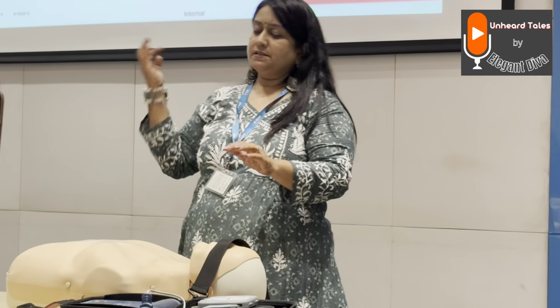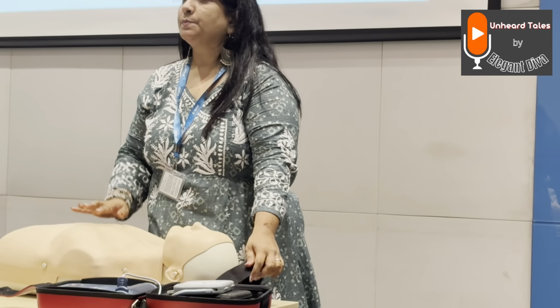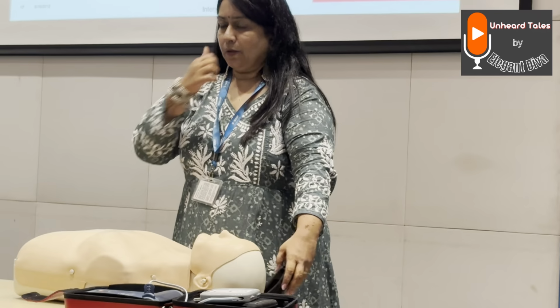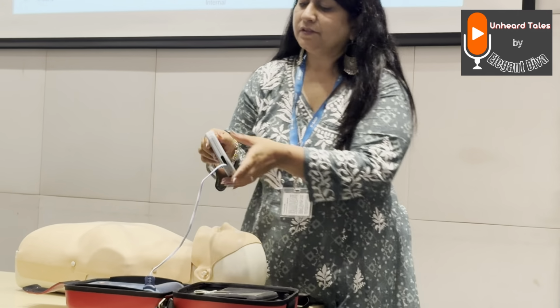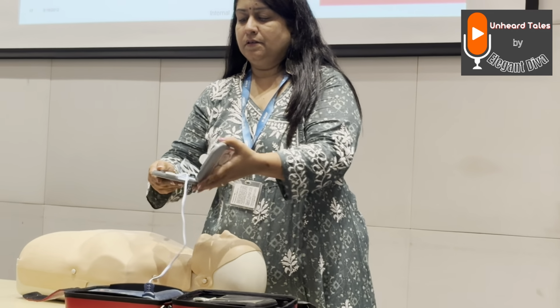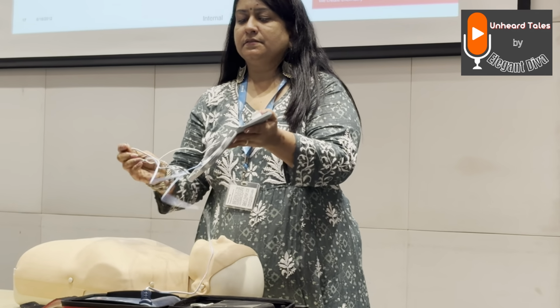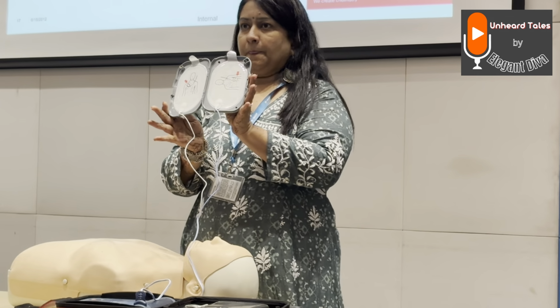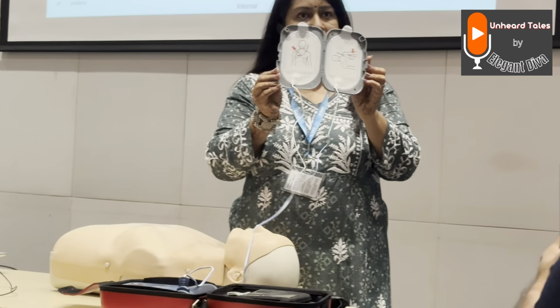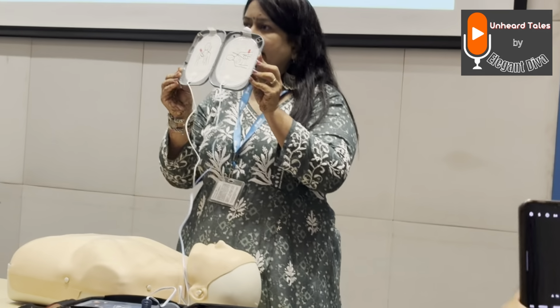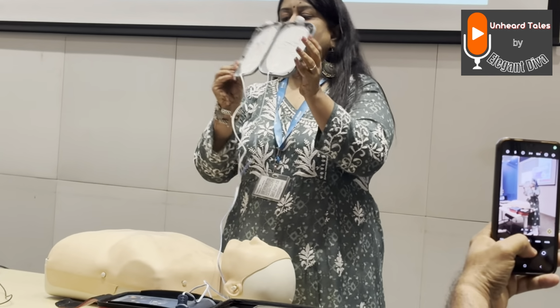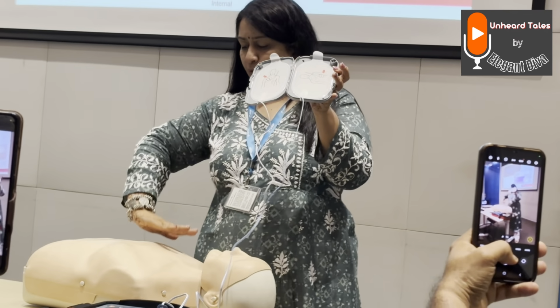Once the AED comes, you kneel next to the person, bare his chest. Then you have 2 pads like these. On these pads it is already labeled which pad has to be put where. So this pad has to be put here, below this collarbone, and this pad has to be put here.